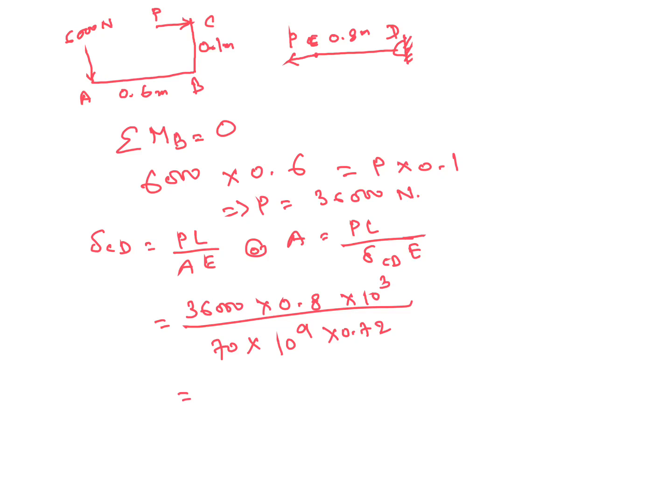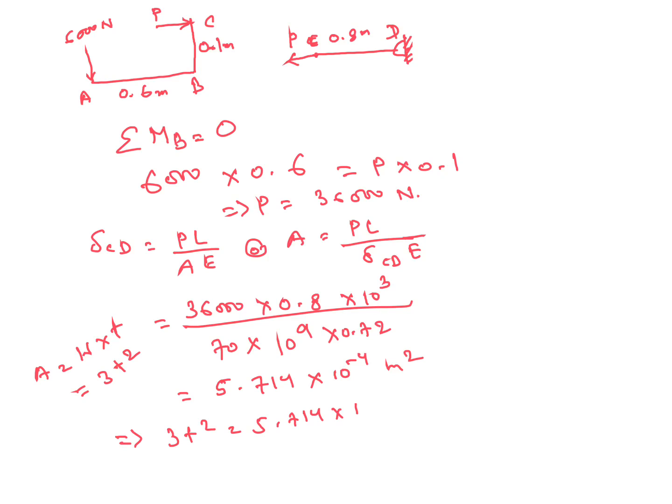So I will get the value here by using calculator, but in GATE or ISRO they won't allow you to use calculator. Area equal to width into thickness, already given. Width is equal to 3 times the thickness, so area equal to 3t square. So 3t square equal to 5.714 into 10 to the power minus 4 meter square.